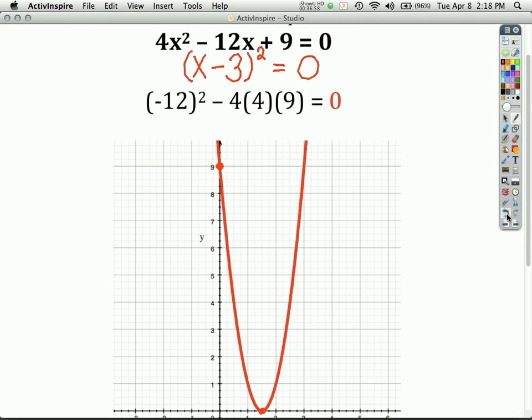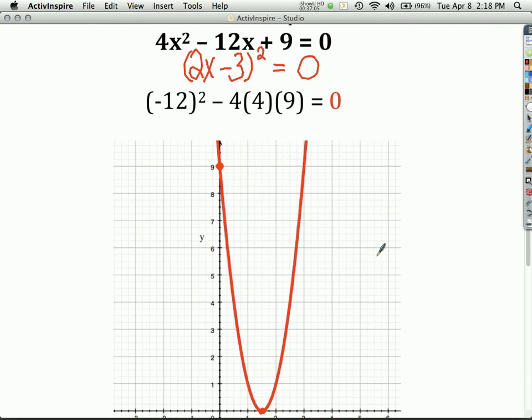Hold on, I forgot something. 2x minus 3, sorry about that.